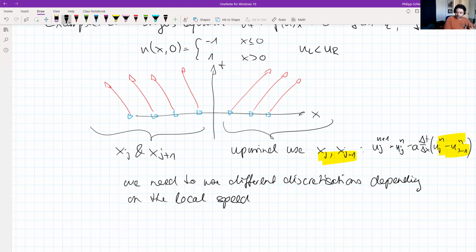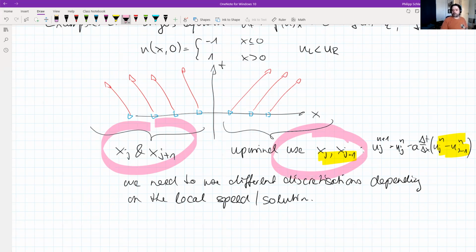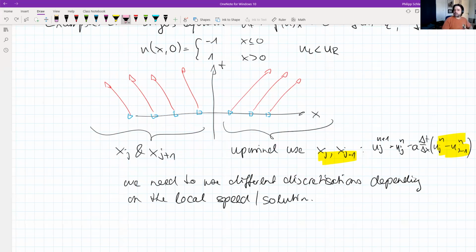In this case, the speed is the solution, so I can say the local speed, the local solution. On the left side, I would need an upwinding with xj and xj plus 1, so that I actually go to the left. And on the right side, I will need an upwinding that goes to the right. Otherwise, I would not be stable. I would just blow up.